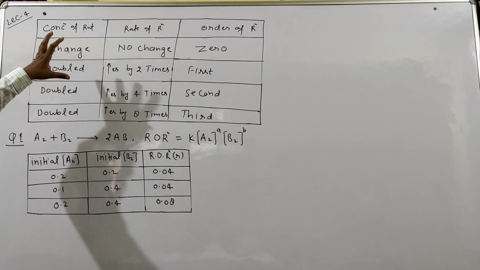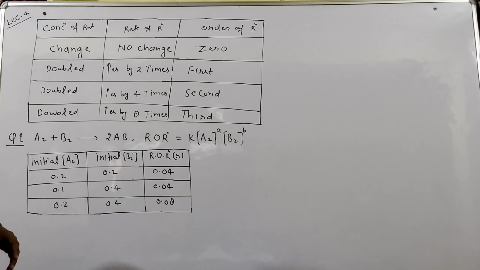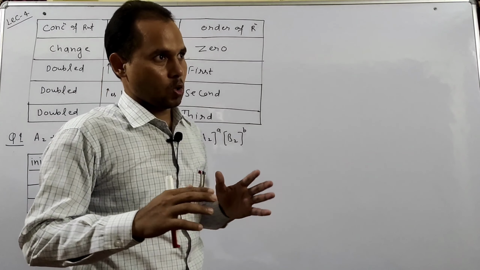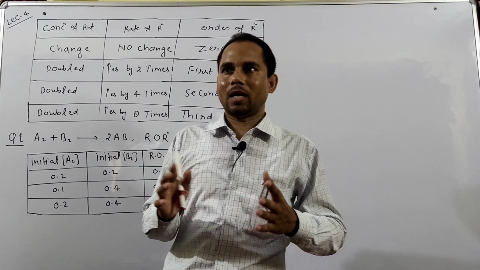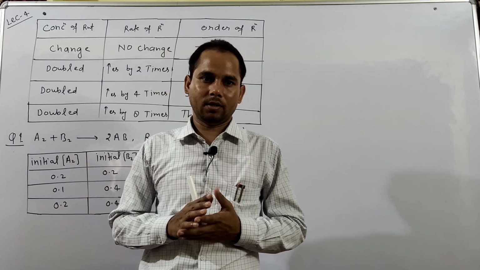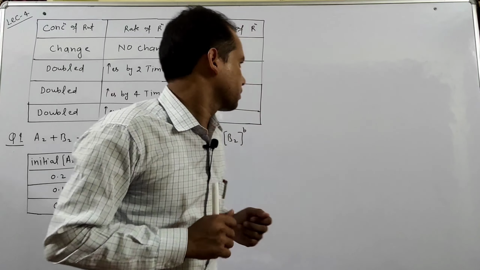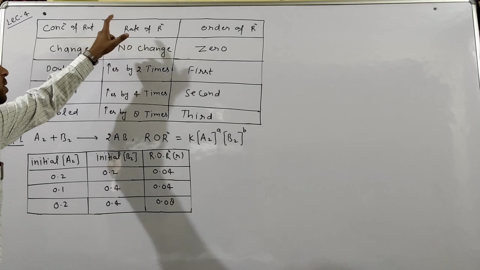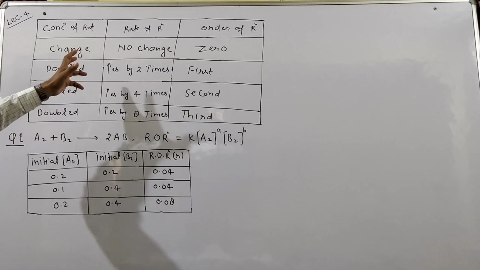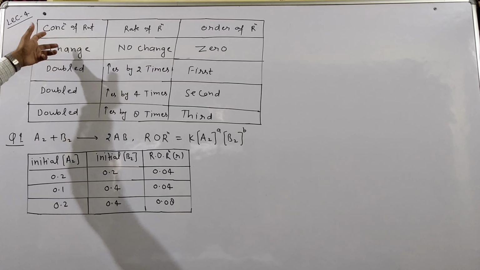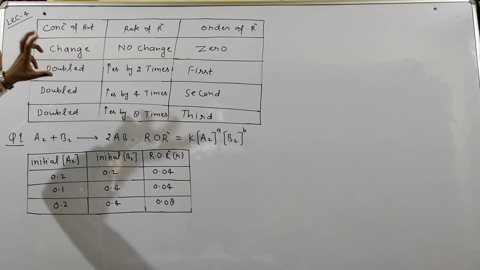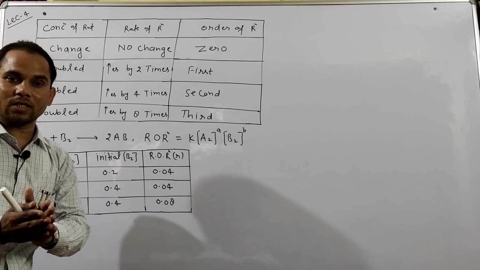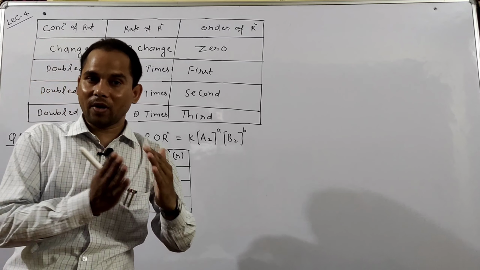This is a very important table for you, because this table is very helpful in competitive examinations like CSIR NET, IIT and GATE. Here, we look at how a change in the concentration of reactant affects the rate of reaction and the order of reaction.